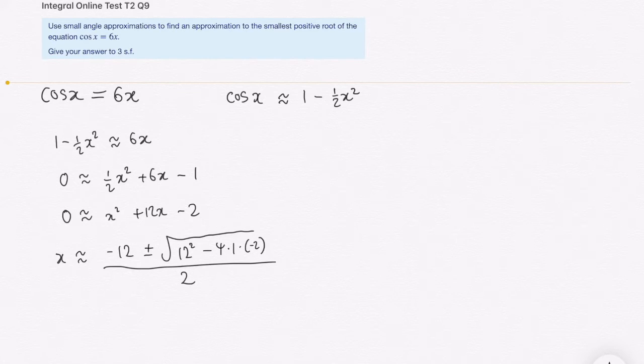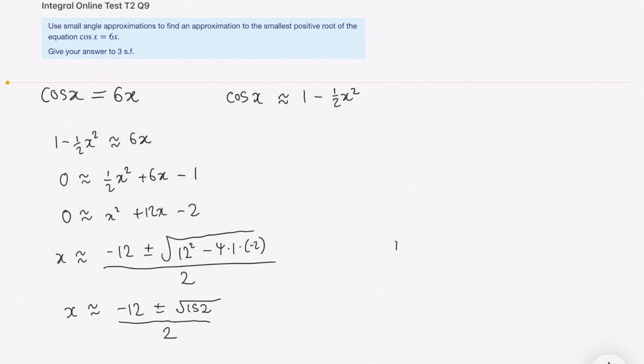And doing a bit of simplifying, this ends up being x is approximately equal to minus 12 plus or minus the square root of 152 all over 2, and we can see that 152 is divisible by 4.